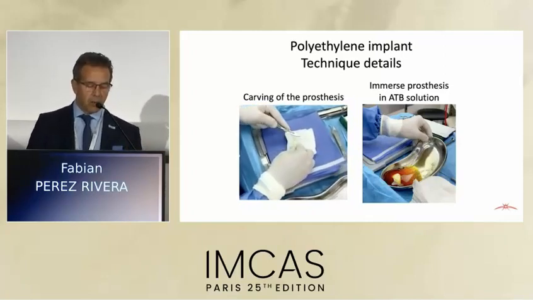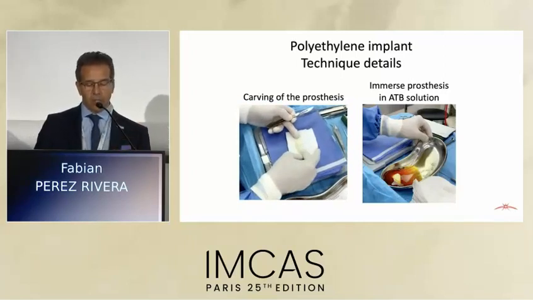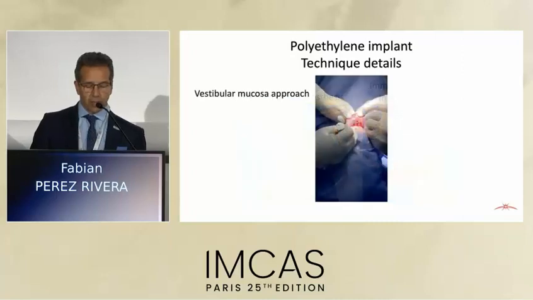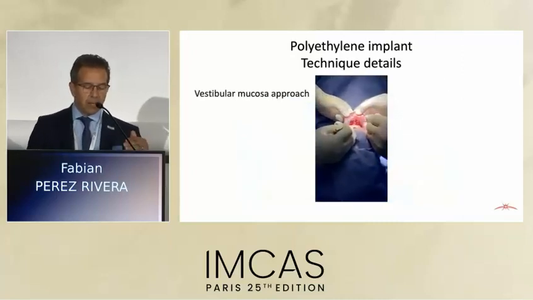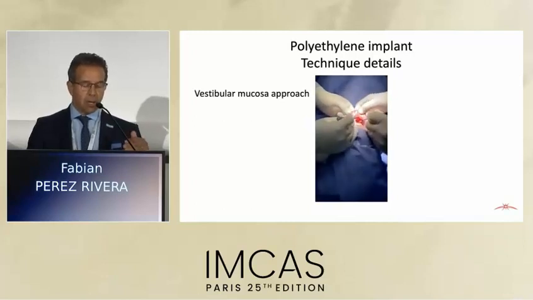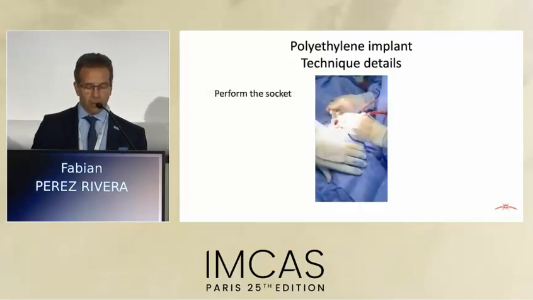You can reduce the size, or you can put this indentation for the nerves, for example, and always immerse the prosthesis in antibiotic solutions. And always leave some wool, some tissues on both sides of the wound to put the stitches without any extrusion.